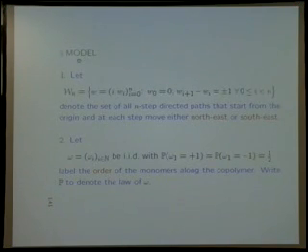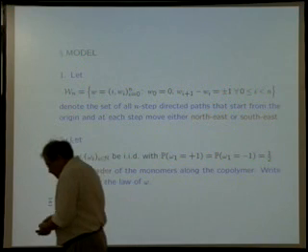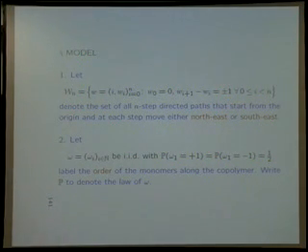Now, to set up the model, I need 4 ingredients. So here are the first 2. As always, we start by saying what paths do we allow. That is easy. I have already drawn a picture.